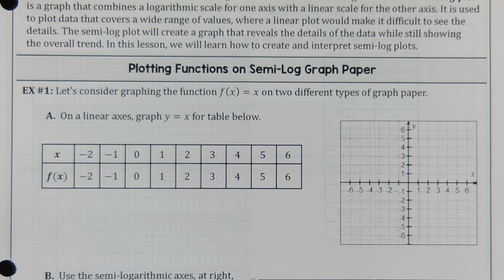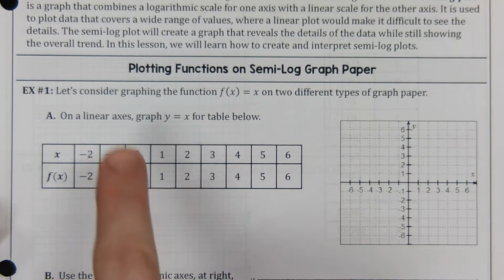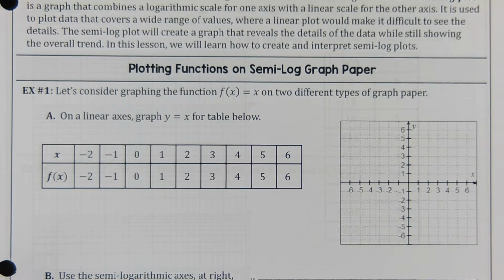If the base is worse, like 3, 3 to the 1 is 3, 3 to the 2 is 9, already off the chart. Exponential things grow really, really fast, a wide range of values. The semi-log plot will create a graph that reveals the details of this data while still showing your overall trend. So in this lesson, we will learn how to create and also interpret semi-log plots.